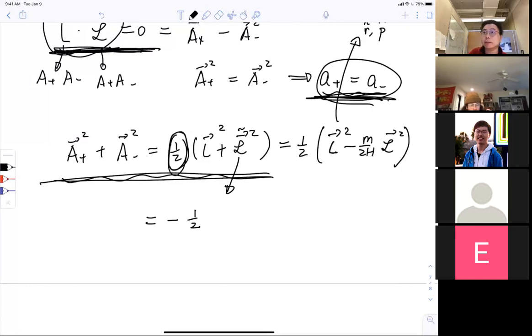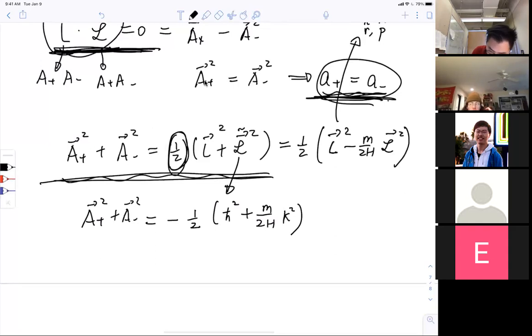Okay, yes, H squared plus something like this. And okay, we have this. Finally, we connect the generator of our algebra with the Hamiltonian.